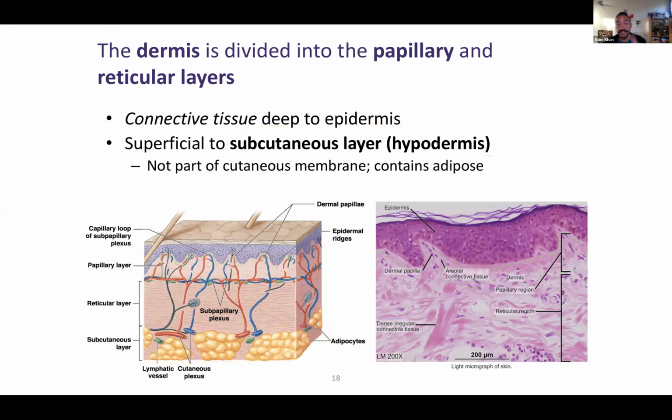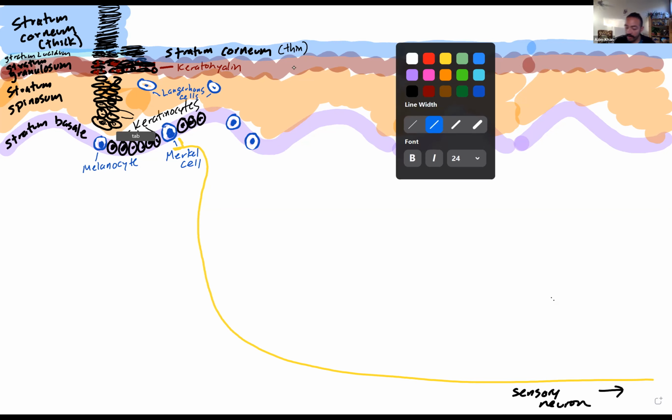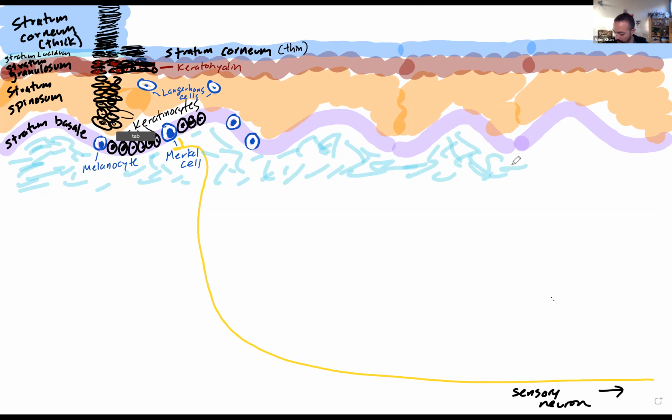Let's draw this on our diagram that we were working on previously. Deep to the stratum basale, we have very light colored tissue, and it follows those bumps.